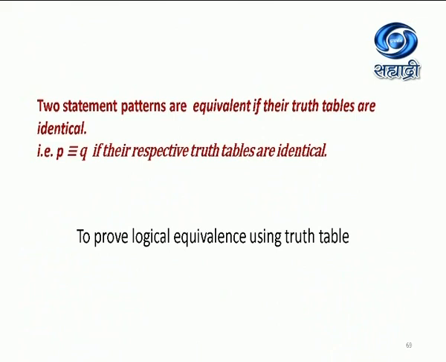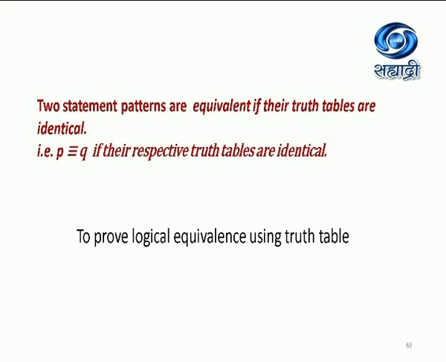Students, in the last session we have seen that to prove that two statements in logic are equivalent, we have to show that their respective truth tables are identical. And we have also seen through an example that we need not construct two different truth tables, but if the column indicating the left hand side statement and the column indicating the right hand side statement are identical, we can say that the two statement patterns are logically equivalent.